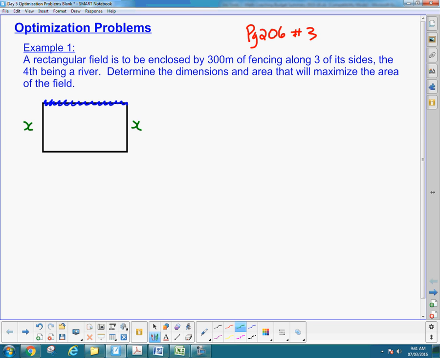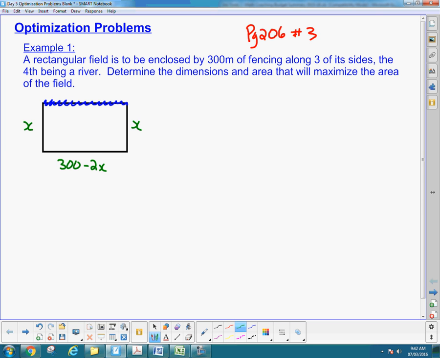We already know, so to speak, what this side is. It's x, and the other side is x. So what we have left over must go over here. So this would be 300 minus this x and this x, which is 2x. So if this was, for example, 20 meters, we'd have 20 and 20 would be 40. We have 300 meters left over. 300 minus 40 would be 260.